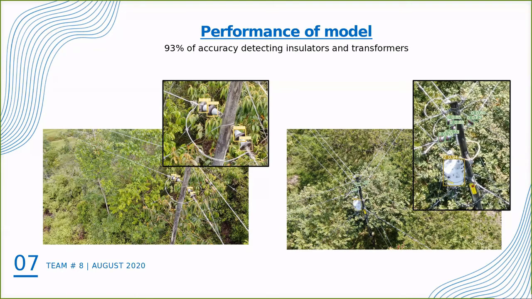What's the performance of our model? The model works very well detecting insulators, even when they are hidden by other insulators. The model detects around 93% of the brown porcelain insulators, which is the one that has the most samples. In the case of damaged insulators, the cracks are accurately detected, but other types of damage are not so well detected.